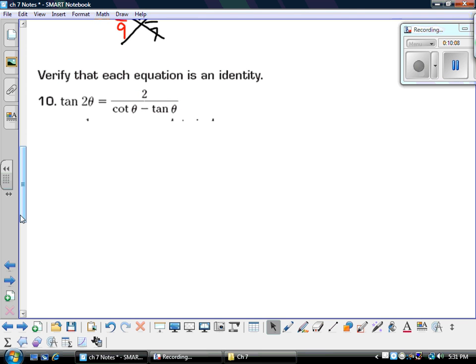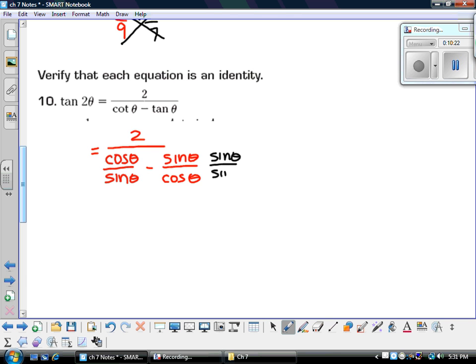On number 10, I'm going to work on the right-hand side and change everything into sines and cosines. Then I'm going to get a common denominator by multiplying this by sine over sine and multiplying this by cosine over cosine.